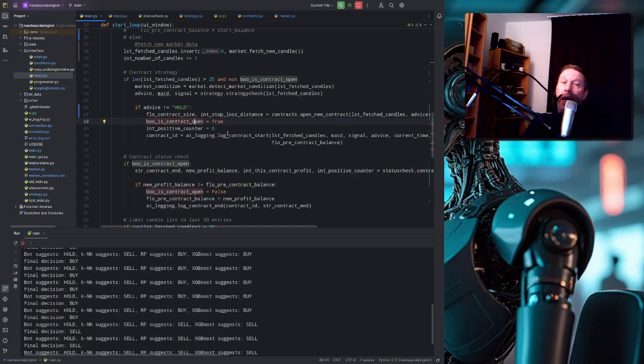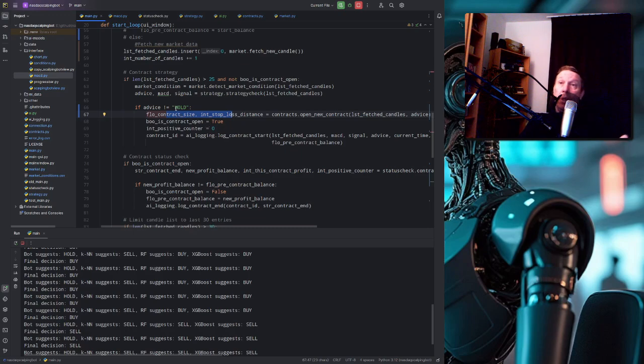For today, I cannot find it until I kill the bot and do some further research into why the bot sometimes opens up a double contract. More specifically, why is this Boolean not set to open after there is a contract opened?